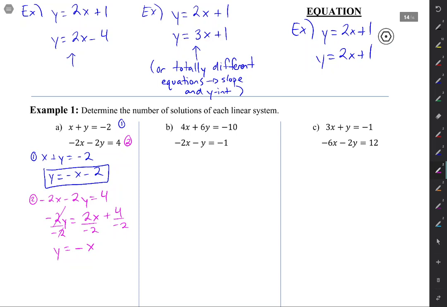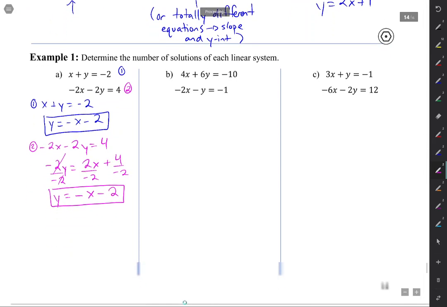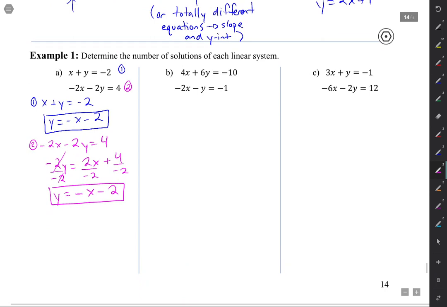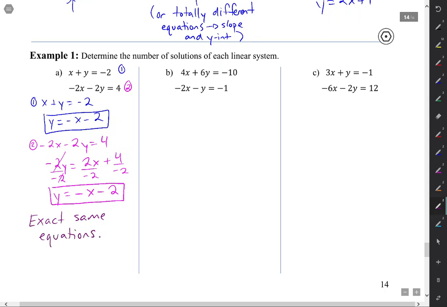And then 4 divided by negative 2 is negative 2. So if we compare these two equations, they are the exact same thing. So because of that, they are going to have infinite solutions. Exact same equation, therefore infinite solutions.